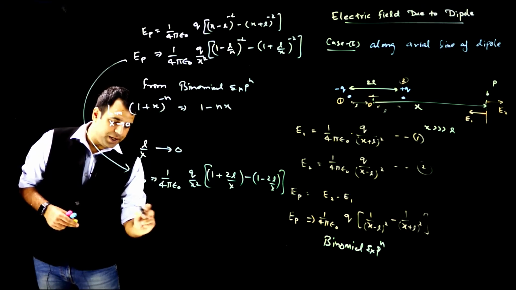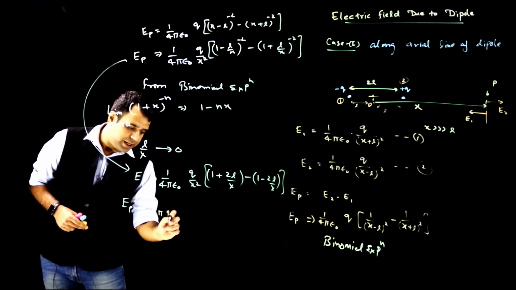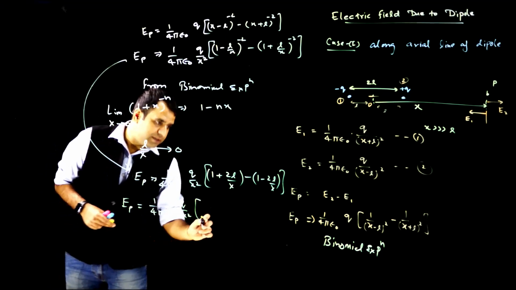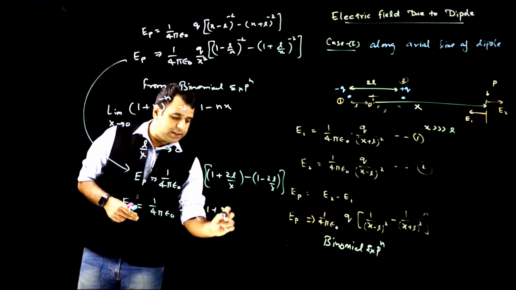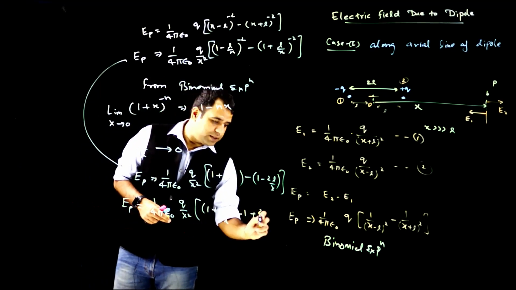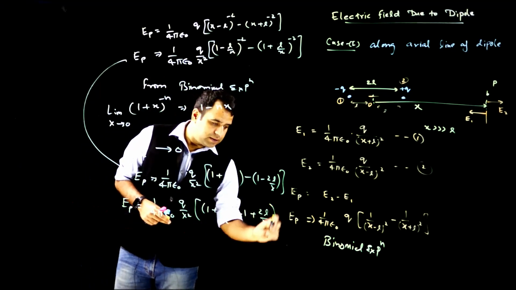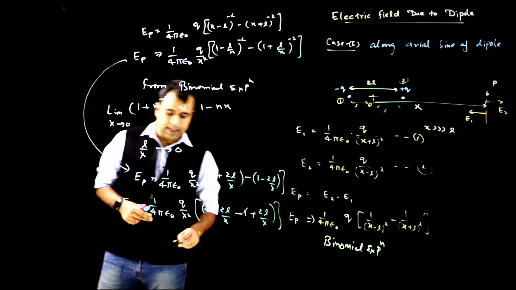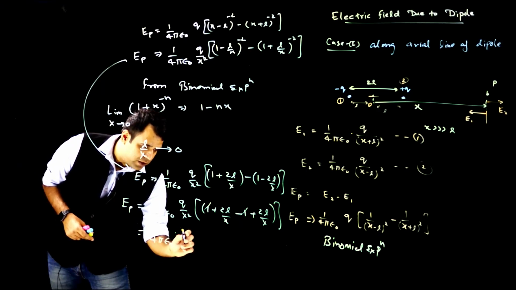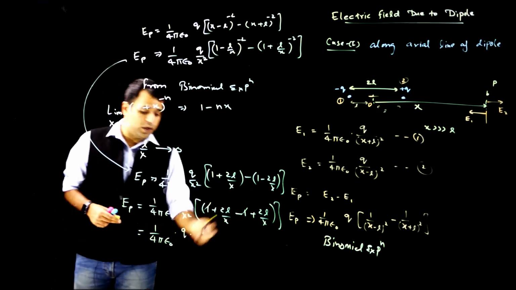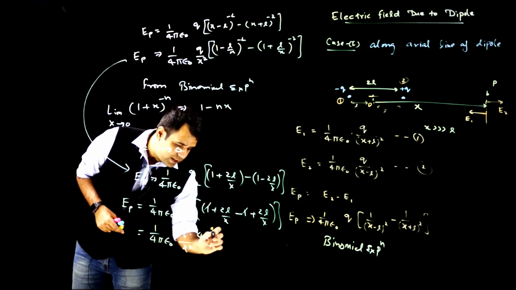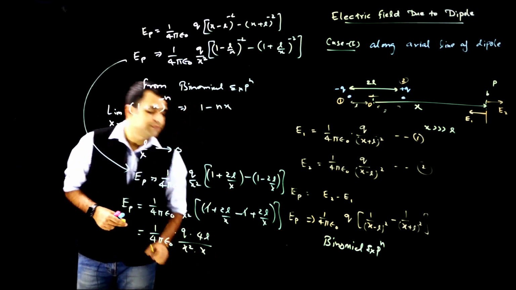That will make EP equal to 1 upon 4 pi epsilon naught q upon x square times 1 plus 2L upon x minus 1 plus 2L upon x. 1 and 1 get cancelled out. So it will be 1 upon 4 pi epsilon naught q times of, this is 4L. 1 upon x square was there earlier and 1 upon x we get from here, so 4L upon x.